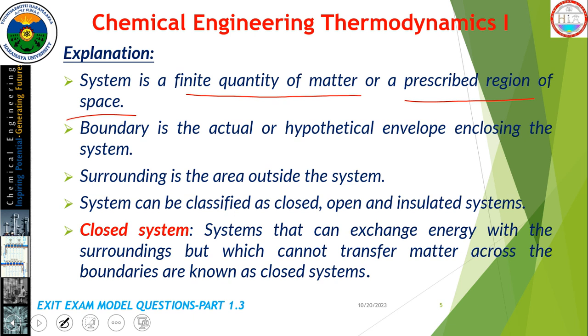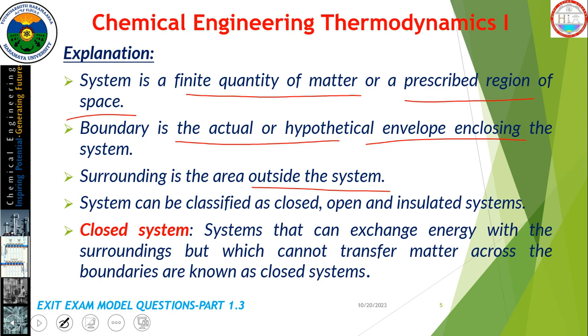The boundary is a line that separates the surroundings from the system. It is the actual or hypothetical envelope enclosing the system. The surrounding is the area outside of the system, which is separated by the boundary.